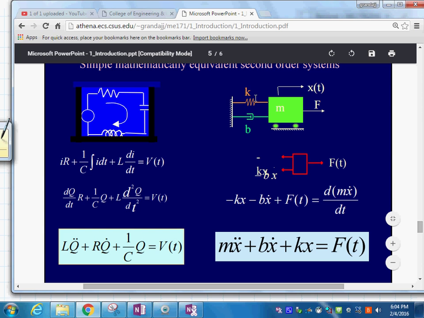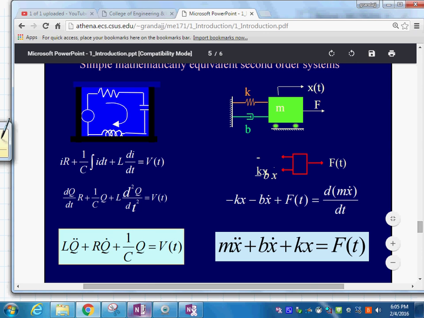But this format is suggesting that, for example, this spring is like this capacitor on the electrical system, and this inductor is like the mass over here. Granted that they're not the same because these equations have different units, there are some similarities that I think are worth pointing out.